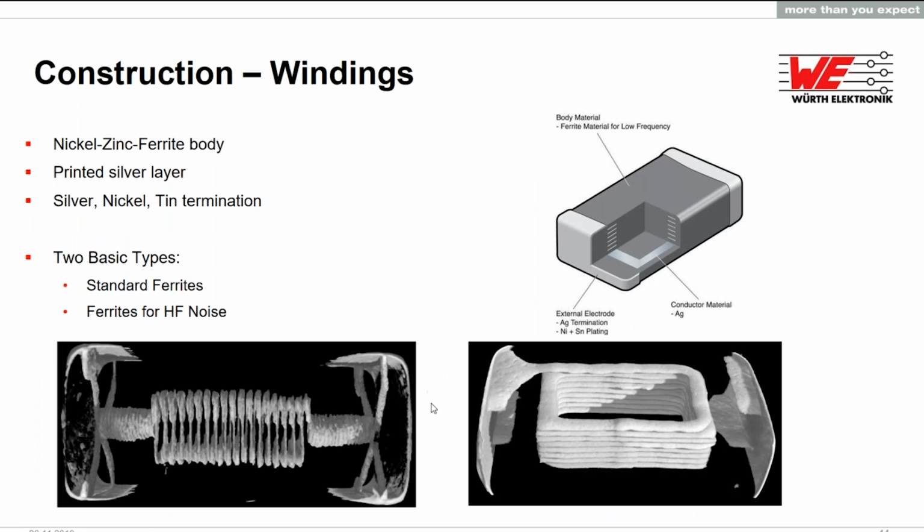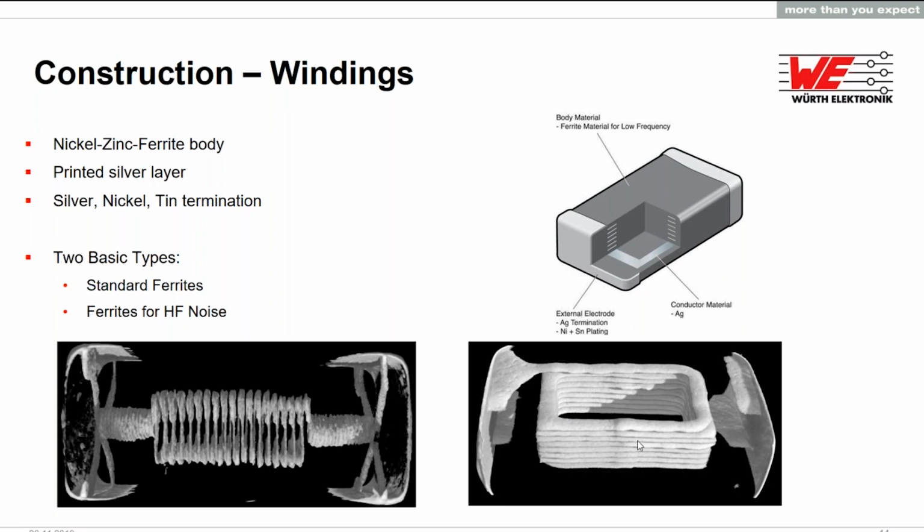Following is the construction or the structure of the ferrite bead. It has a main ferrite body core with silver layers, printed layers. Mainly there are 2 types. One here, which is a vertical winding from terminal to terminal, and the other is a horizontal winding.